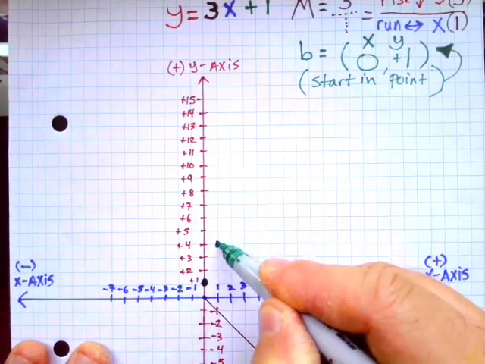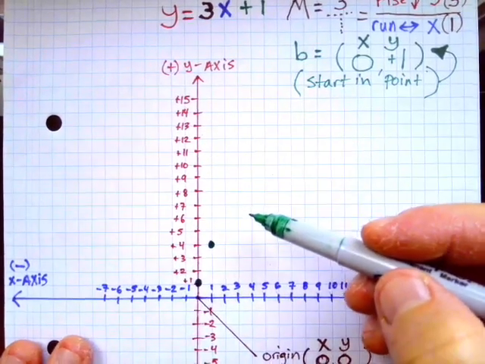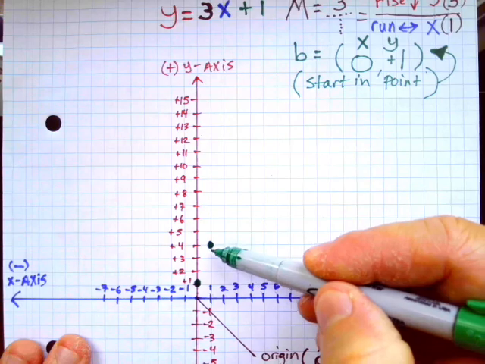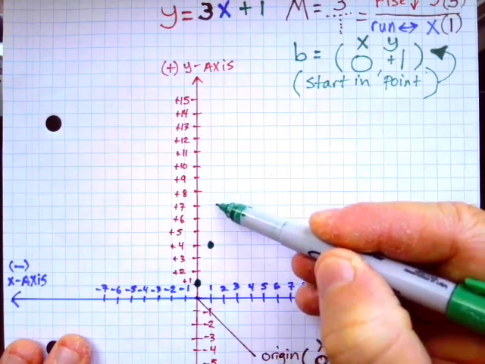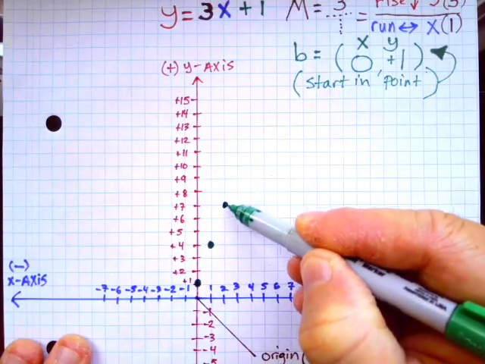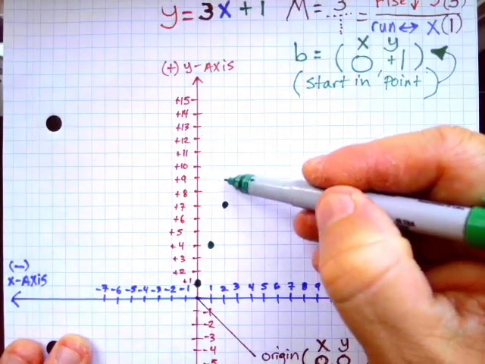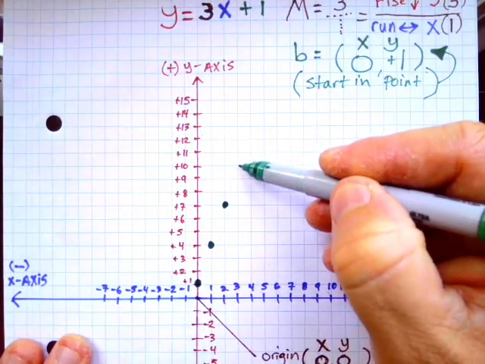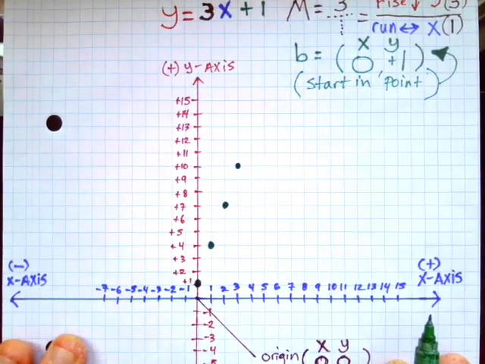This is my new ordered pair. And I'm just going to continue to follow that slope. Up positive 3, 1, 2, 3, over positive 1 on the x. There's my next ordered pair. Up 3, over 1, and there's my next ordered pair.